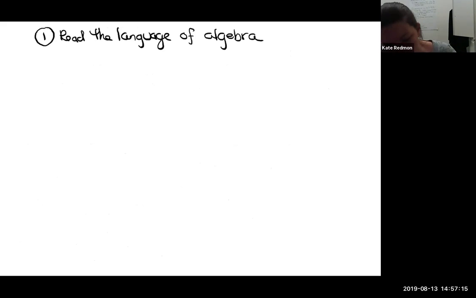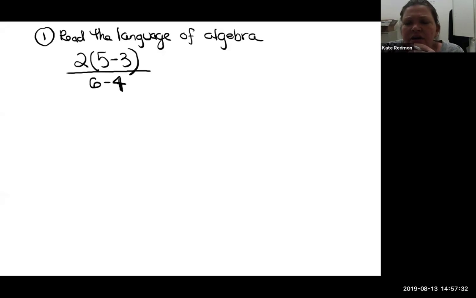So with what we've learned today, one of the most important skills that you need for the GED is just being able to read the language of algebra. For example, here is a typical expression that you might be asked to simplify on the first 5 problems of the GED.